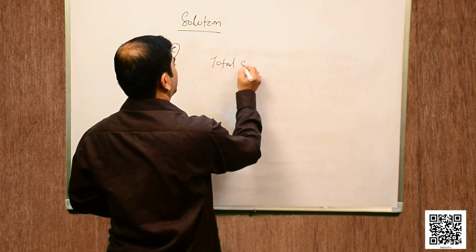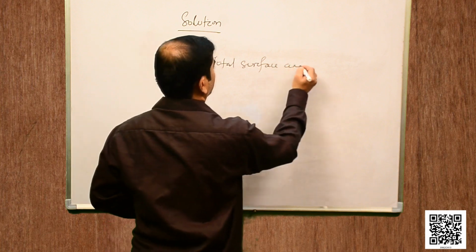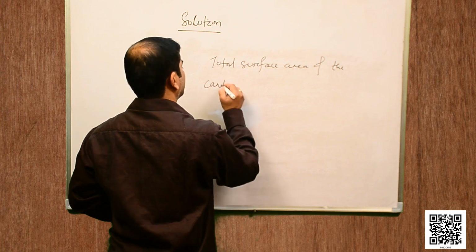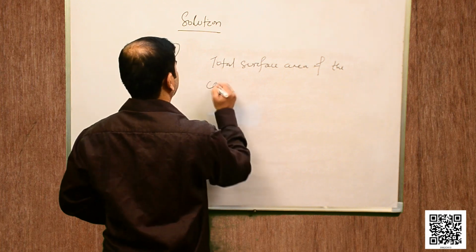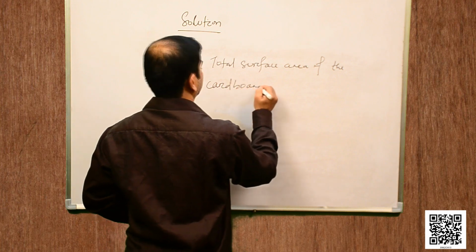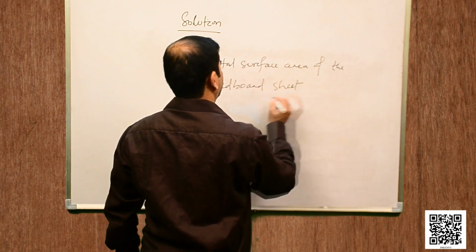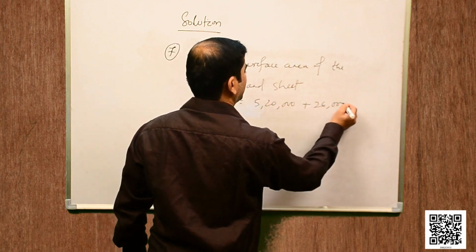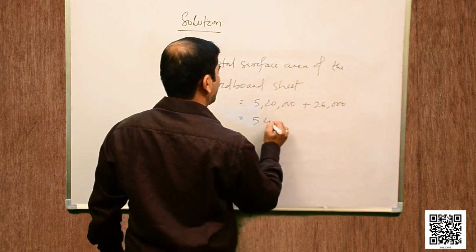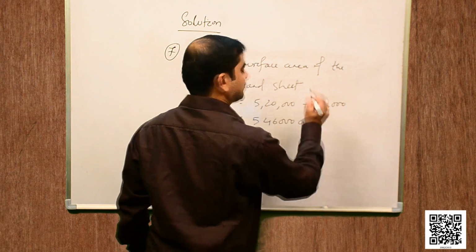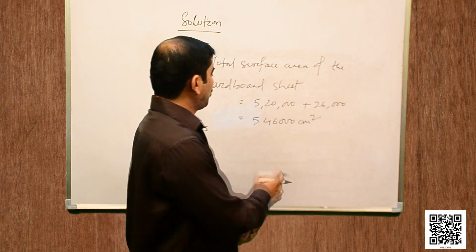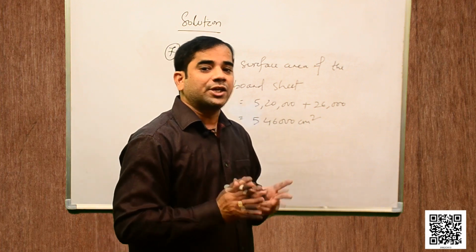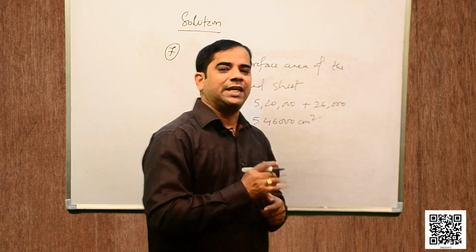So it is equal to 5,20,000 plus 26,000. So 5,46,000 centimeter square. Okay. So 5,46,000 centimeter square of cardboard is needed to construct the 250 boxes of each type.